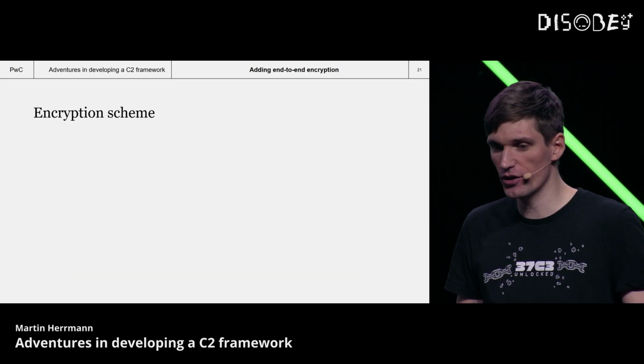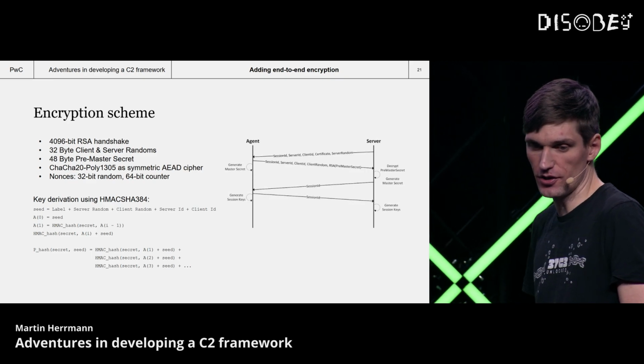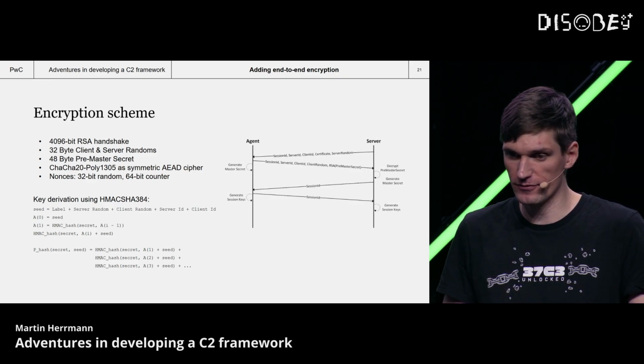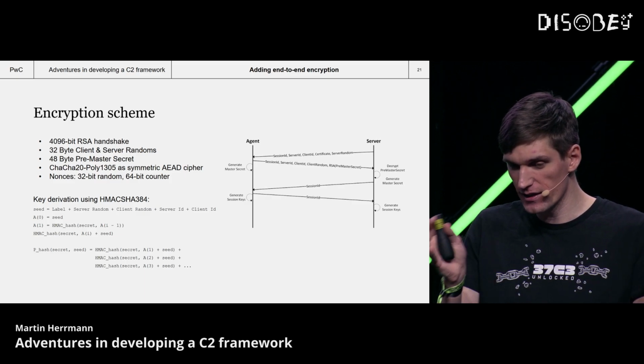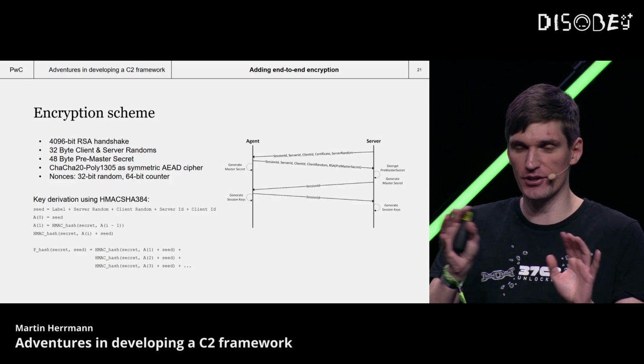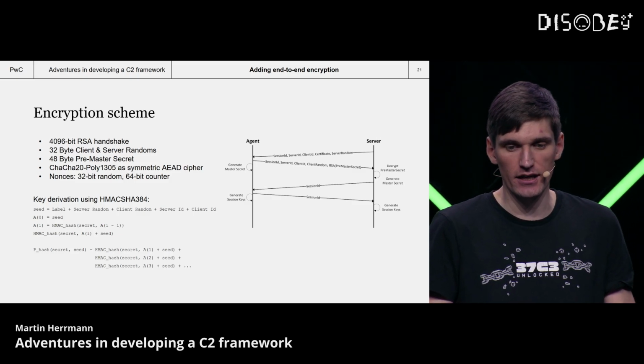we basically followed TLS 1.2 as close as possible. So if you are a bit familiar with the TLS handshake, this will probably look similar to you. It's a bit different because of some simplifications we have done, because we don't need to support different crypto algorithms and stuff. Basically, what we're doing is a 4096-bit RSA handshake.